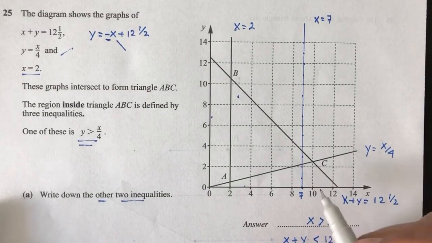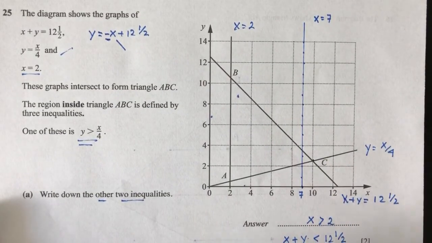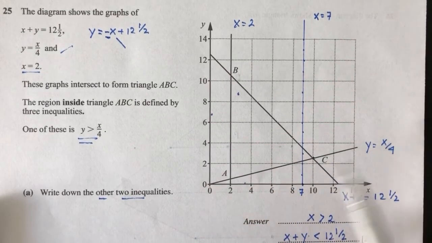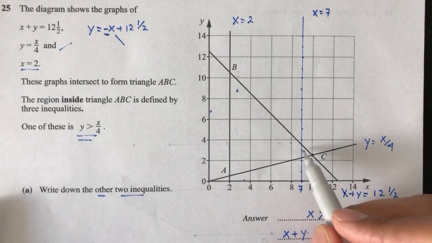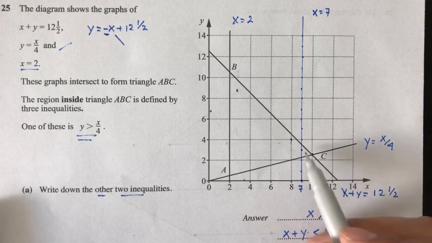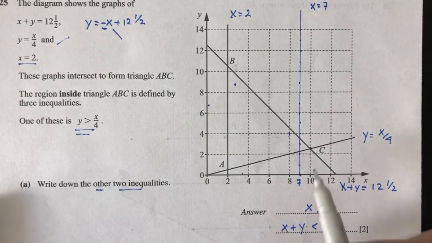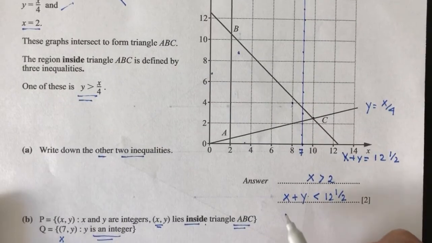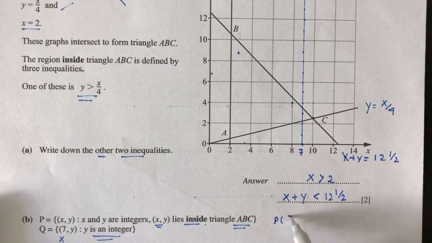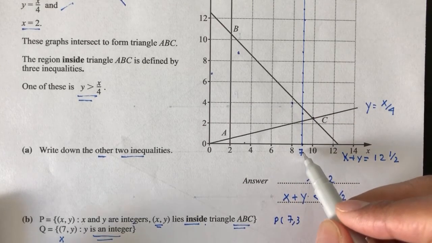So point C is here, and P is integer points inside ABC. So it can be this point, it can be this point, and that is the only option. So P can be only 2 of those points, so P can be 7, 3. Sorry, I made a mistake.